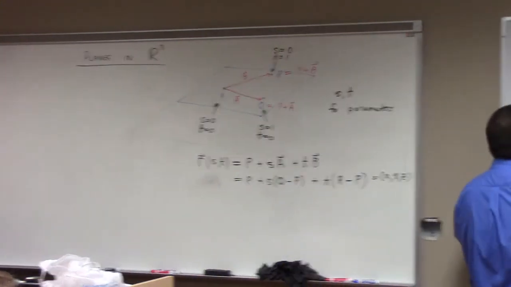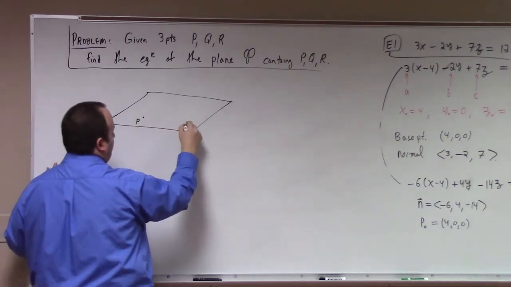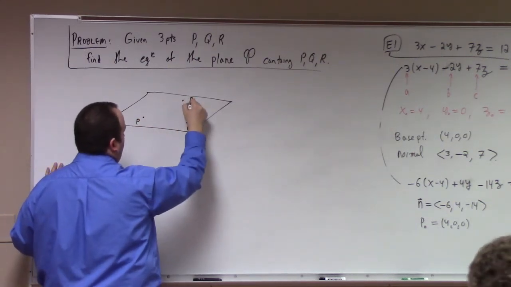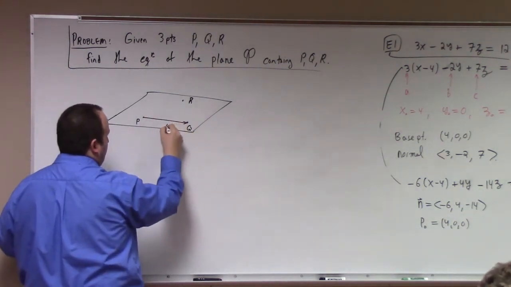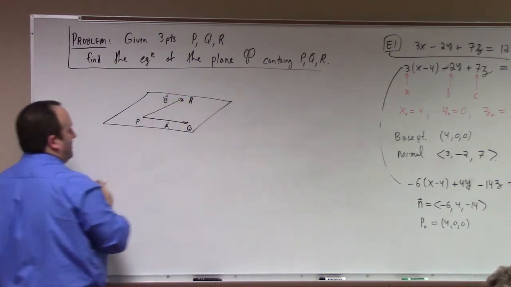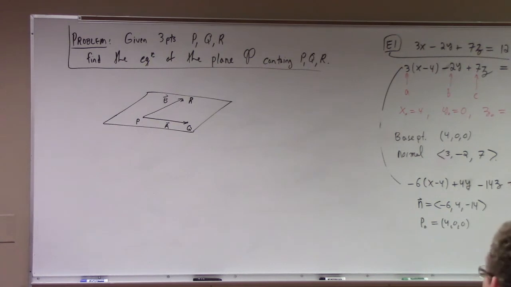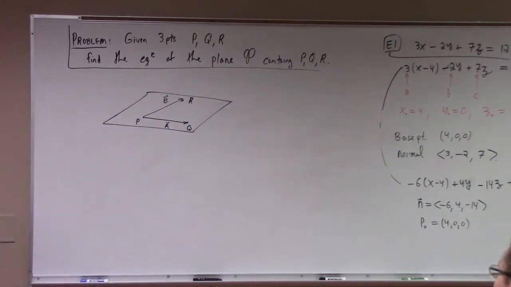So let me just set up the problem. Here's my point P, here's my point Q, here's my point R. And again, I can think about this A vector and B vector like I was talking about. I want to find the normal vector. I want to find a vector which is perpendicular not just to the A vector, but also to the B vector. If I can do that, that gives me a normal to the plane.